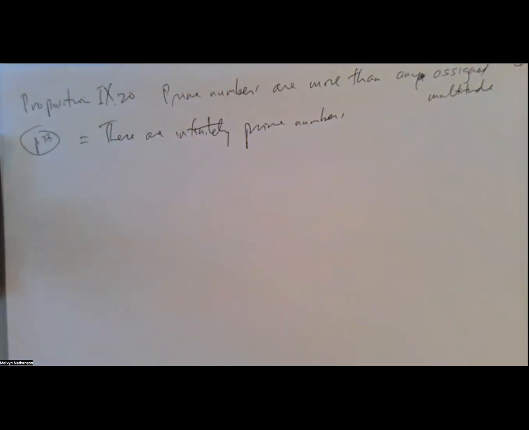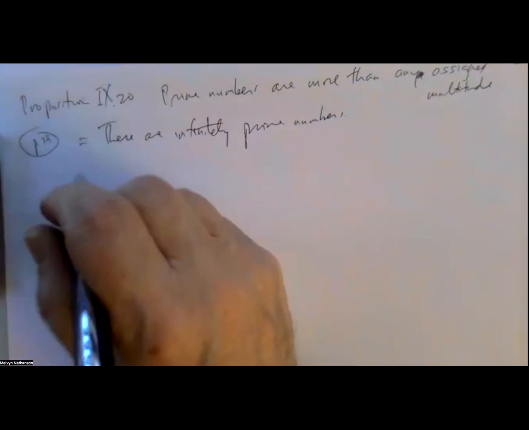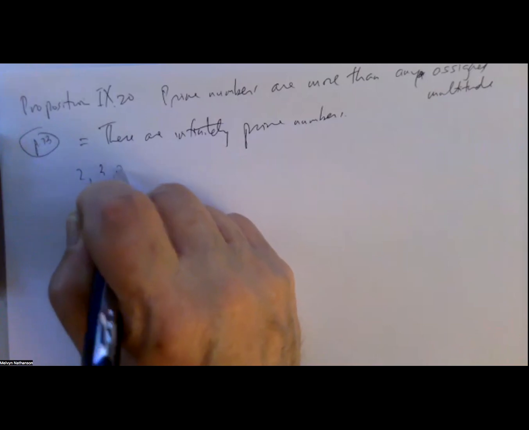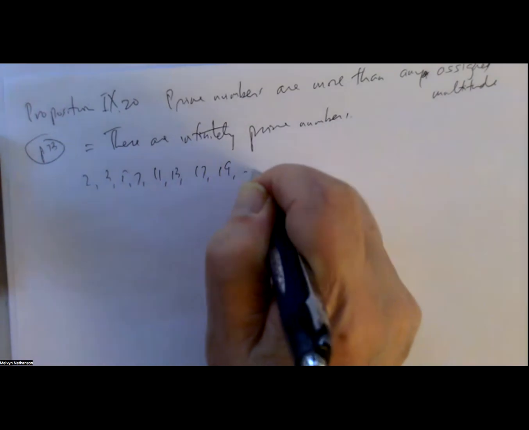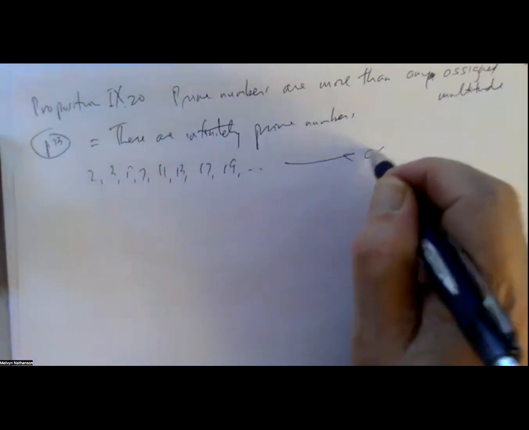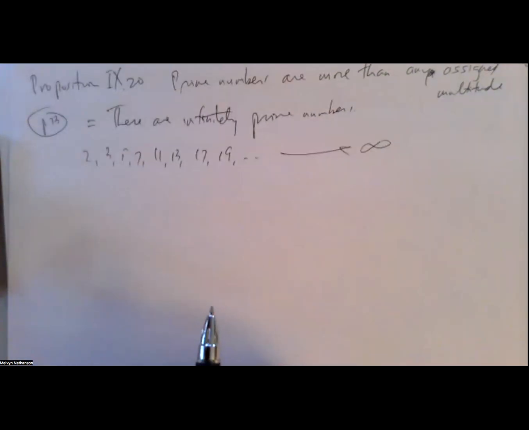So when you start to write down the primes, 2, 3, 5, 7, 11, 13, 17, 19, and so on, this goes on forever. It never stops, right? So however big a number you choose, there's always a prime bigger than that number.